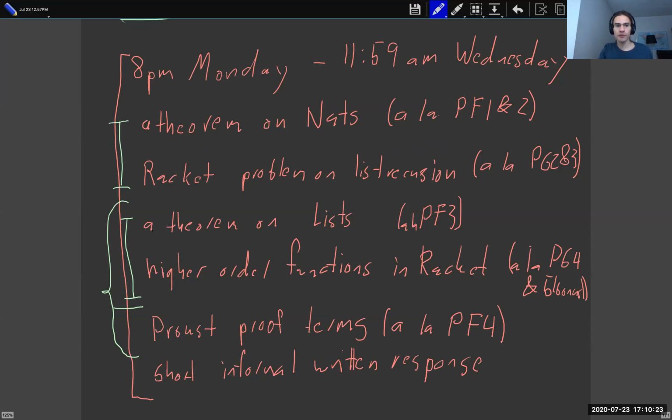The proof rules for proving things about lists will be updated in the notes. I still need to make a small revision on that, but those notes should be live tonight. And for the higher order functions, the best resource would be my lecture on Monday. I can also link you to Prabhakar's Teach Yourself Racket notes, which will be an allowed resource during the exam as a reference for Racket.